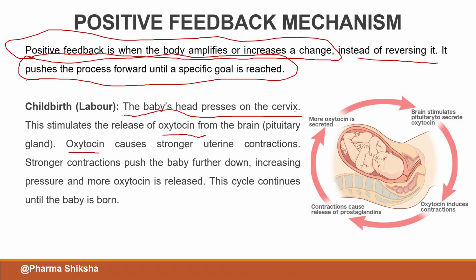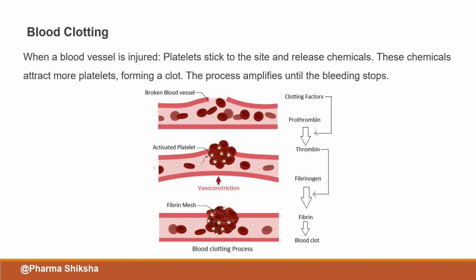Then it binds with the receptors present in the uterus and there will be stronger uterine contraction. The stronger contraction pulls the baby out for the normal delivery of the baby. Till the baby comes out, there will be contraction in the uterine wall. Then the baby will come out. So this is one of the best examples for the positive feedback mechanism.